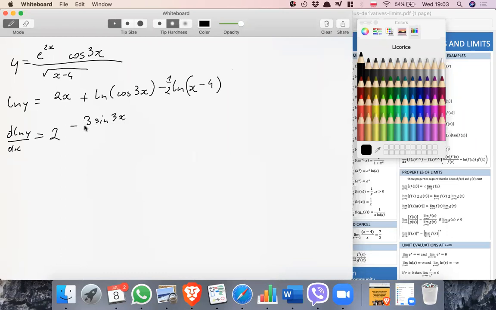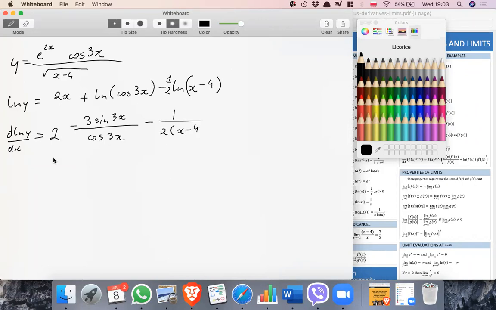The reason why there is a 3 in front of sine 3x is that it's a compound function. I have an inner function, 3x, and the outer function cos of the inner function. The derivative of the inner function is 3. Derivative of the outer function is minus sine. And below the line, from the derivative of the natural log, we get cos 3x, and then minus 1 over 2 in the bracket x minus 4.